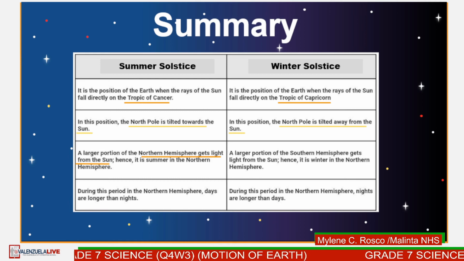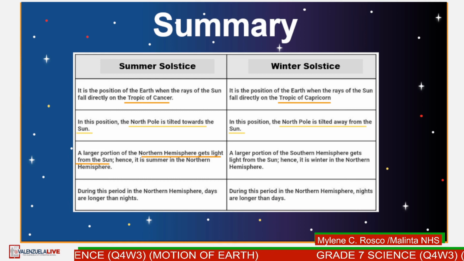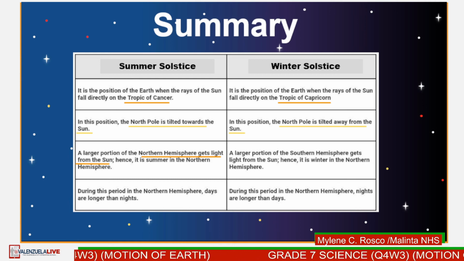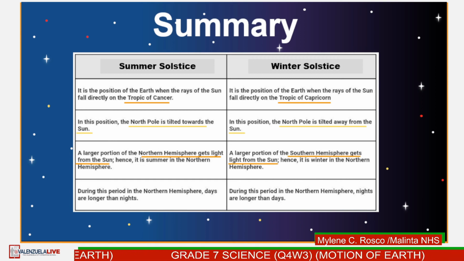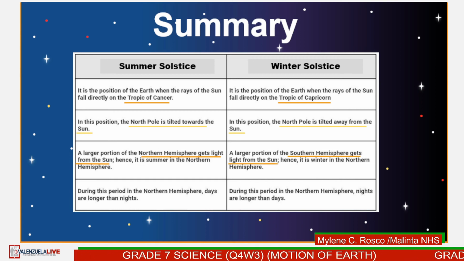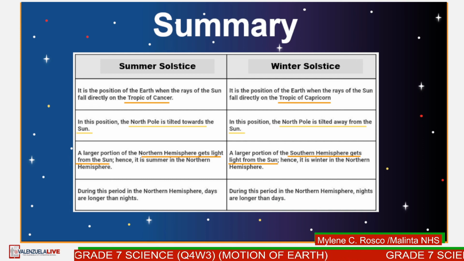On the other hand, during winter solstice, a larger portion of the southern hemisphere gets light from the sun, hence, it is winter in the northern hemisphere.